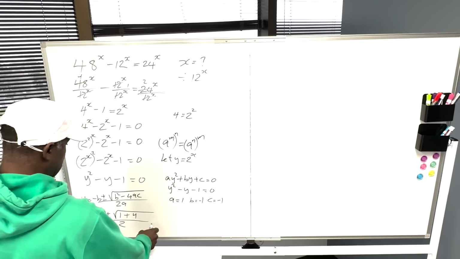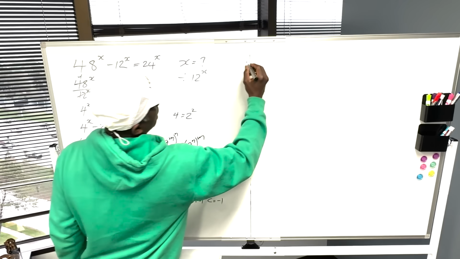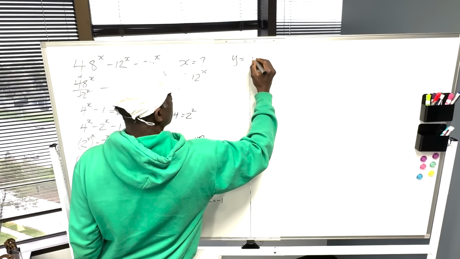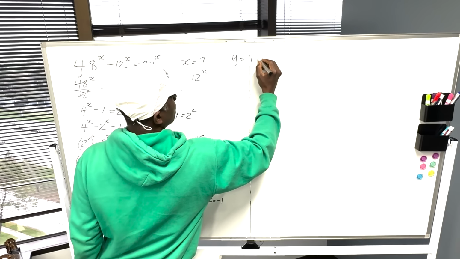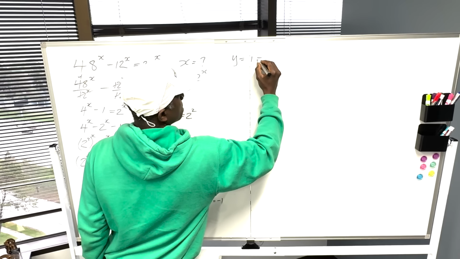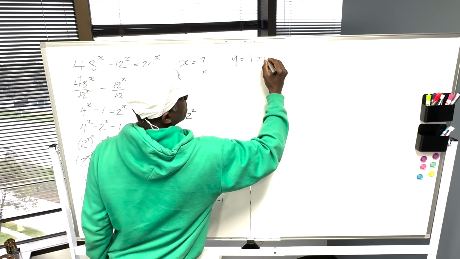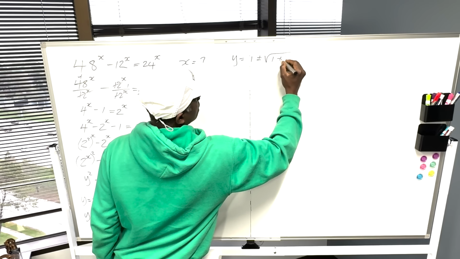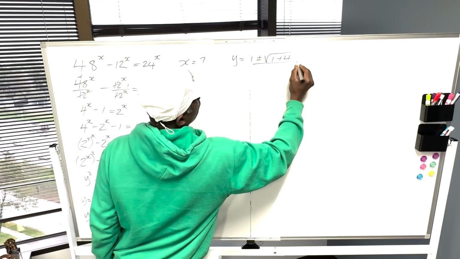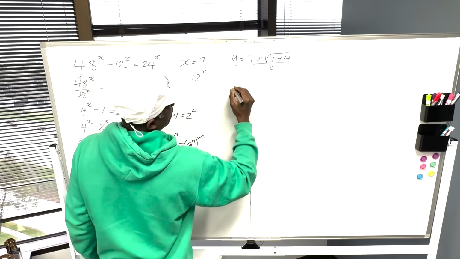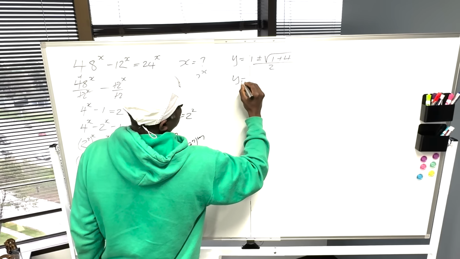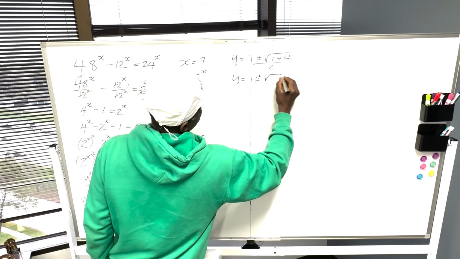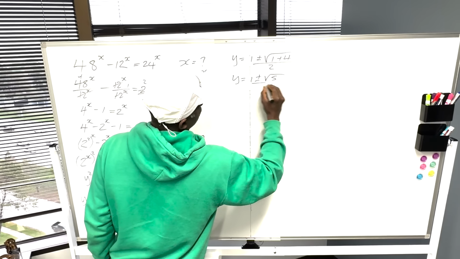Let's move over here where we have y is equal to 1 plus or minus the square root of 1 plus 4 all over 2. So y is equal to 1 plus or minus the square root of 5 all over 2.